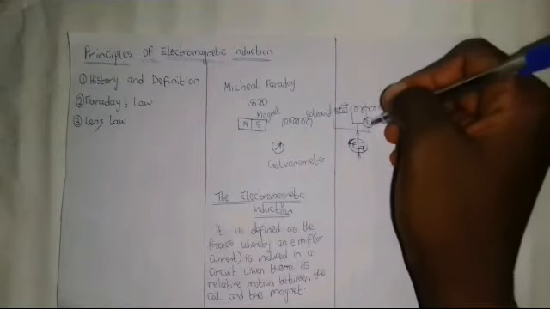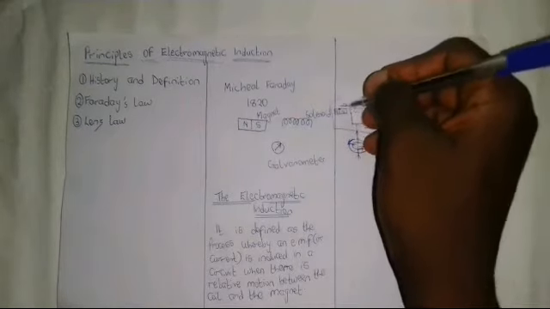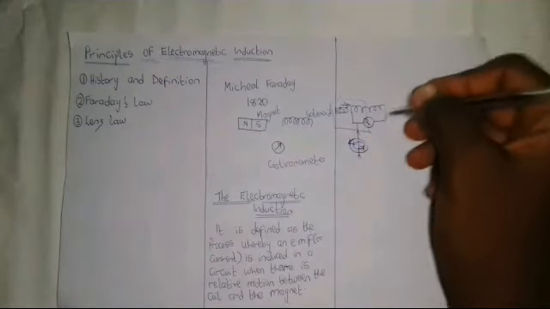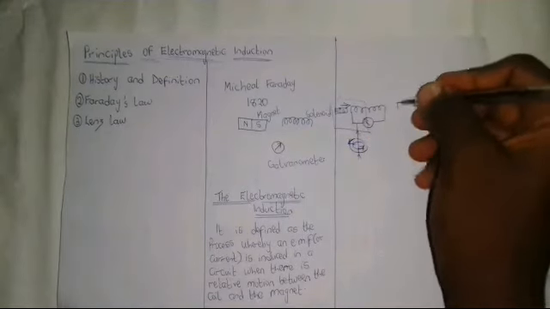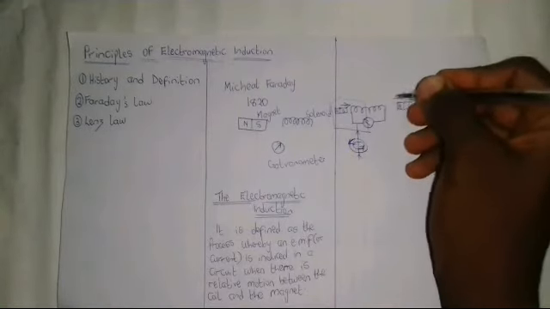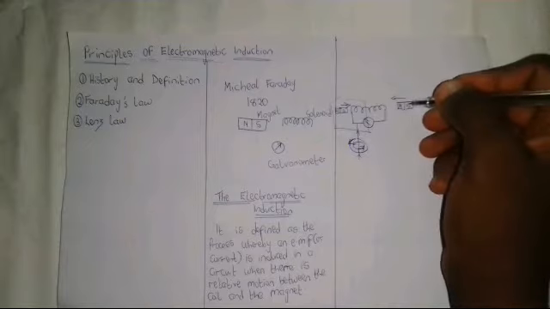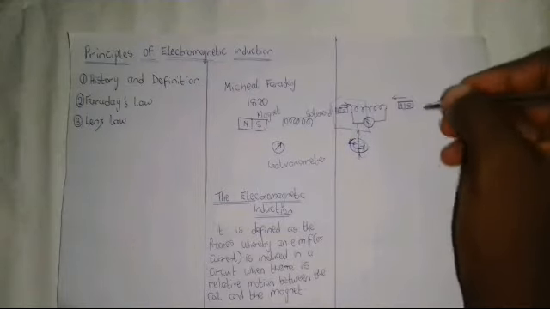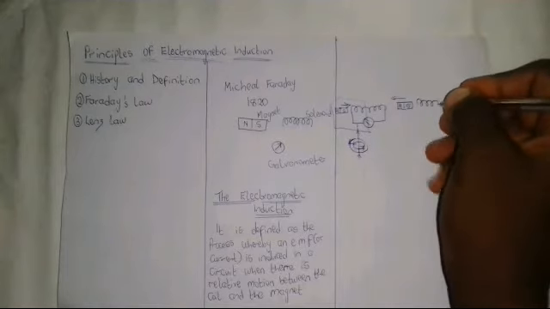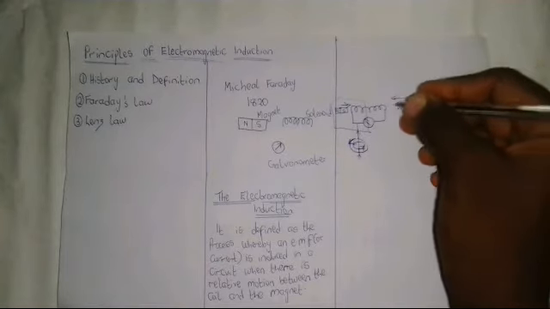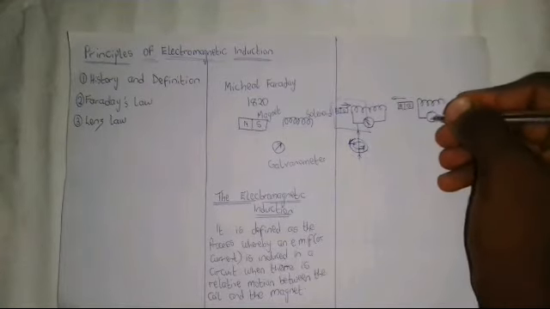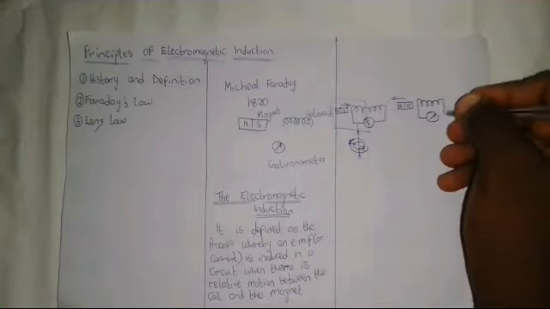Then when the magnet is moving away, note that you cannot identify the north and south pole of the magnet here; this is just for clearance sake. Notice that when the magnet is moving away from the solenoid, the galvanometer points in the other direction.